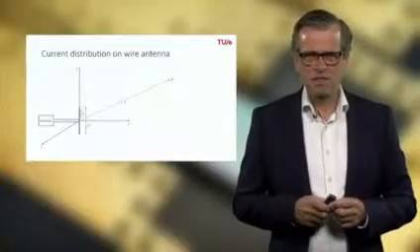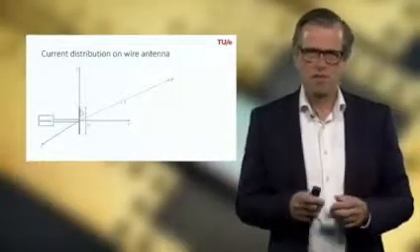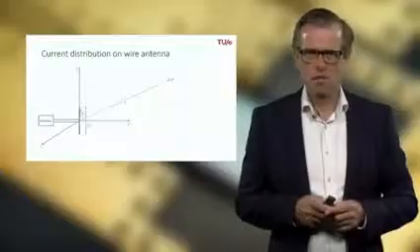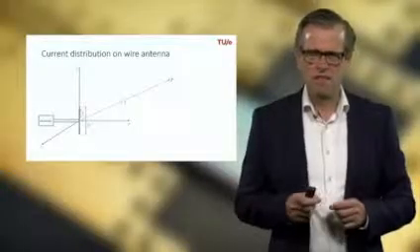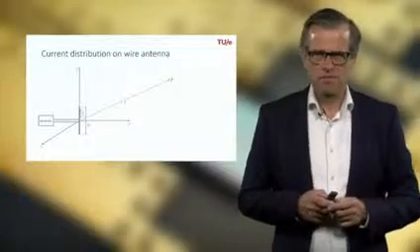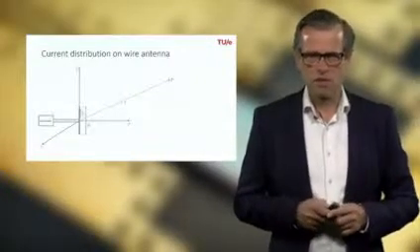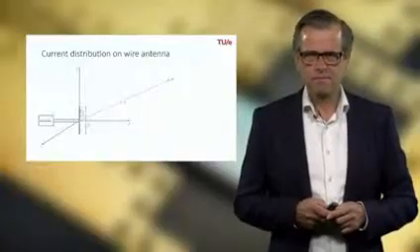So we have a generator that generates power, and that power is transported through a transmission line towards the dipole, and at the feed point of the dipole it generates a voltage. And the voltage will again create a current along the dipole as indicated here.